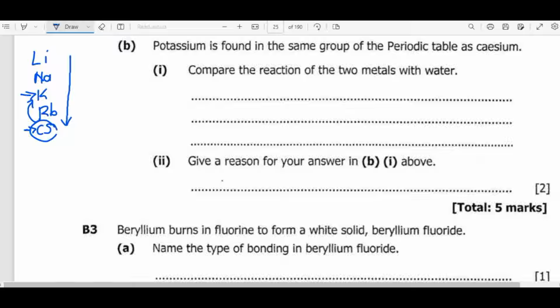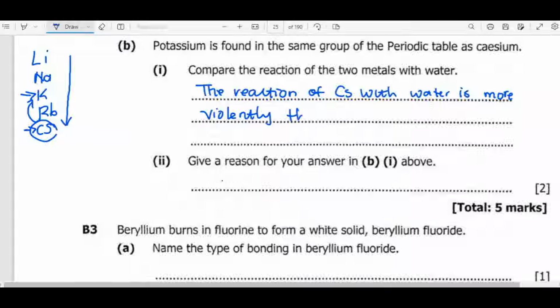Because we are told B1, compare the reaction of the two metals with water. So we'll say the reaction of cesium, or just use the symbol, cesium with water, is more violent than the reaction of potassium with water.